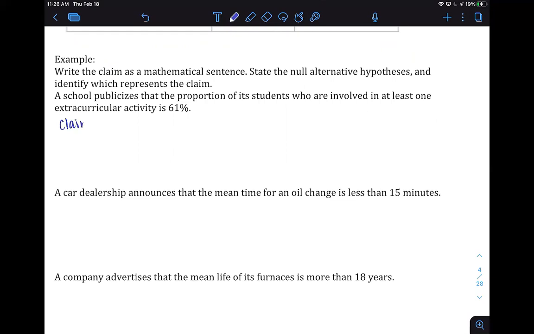How would you write that? P is what to 0.61? Greater than or equal to. So that's our claim: P is greater than or equal to 0.61. The reason why it's P is because it's a proportion and it's a percent. Easiest way to remember it.